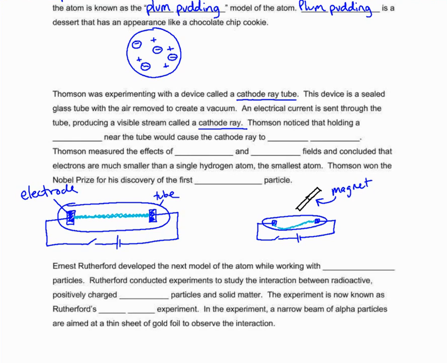And if he were to flip the magnet the other way, the cathode ray might be deflected this way. So, interesting thing that happens is it changes the direction of this visible beam with a magnet. So holding a magnet near the tube would cause the cathode ray to change directions.